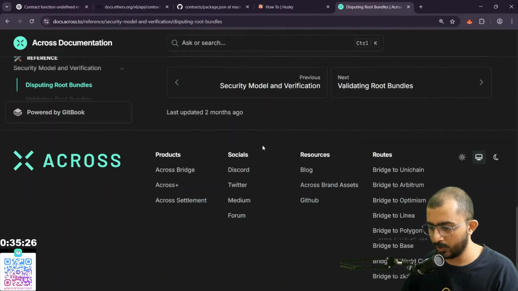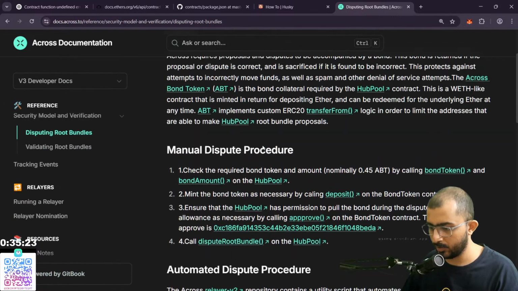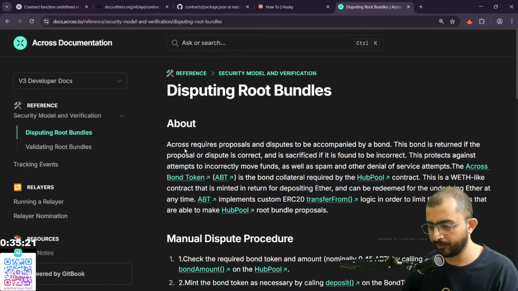Let's read about bundle disputes. There is not much to read about. Across requires proposals and disputes to be accompanied by a bond. This bond is returned if the proposal or dispute is correct and is sacrificed if it is found to be incorrect. This protects against attempts to incorrectly move funds as well as spam and other denial of service attempts.